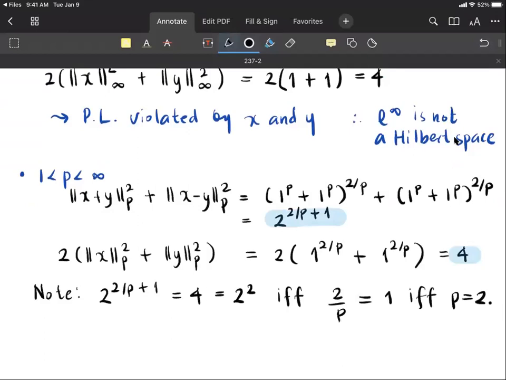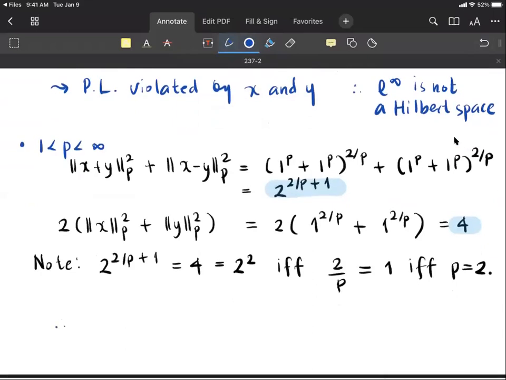Again, you can see here that we have vectors violating the parallelogram law. And from this, we therefore conclude that L^p is not a Hilbert space when p is not equal to 2. Of course, p here is between 1 and infinity.